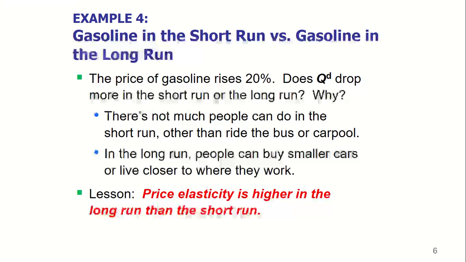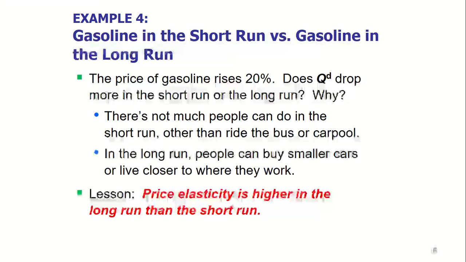How you commute depends especially on the area where you live. And in the long run, people can buy smaller cars or live closer to where they work. It takes a while to sell your house and move closer, perhaps to work or to school, or to come up with other alternatives like saving up to buy a hybrid car.